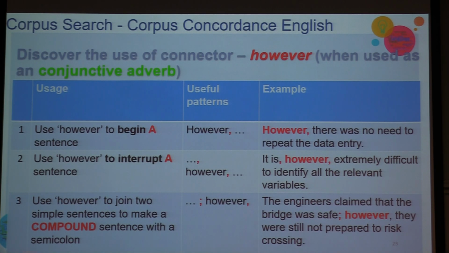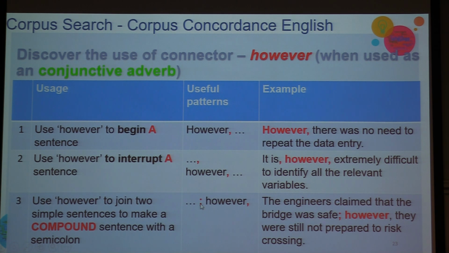So after examining those language examples, we can summarize the use patterns of a difficult word like "however." In the first three situations, "however" is used as a conjunctive adverb. "However," comma, and so on. Or we use "however" to interrupt a sentence, put in the middle, and it can be removed, it doesn't matter.